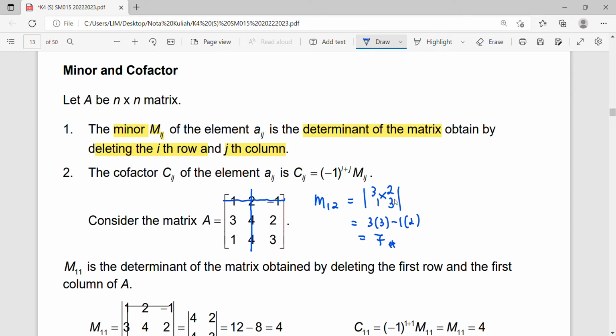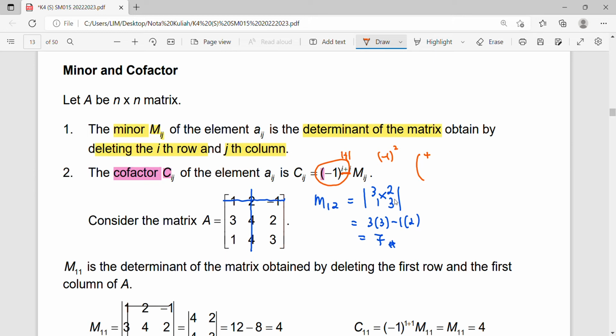Meanwhile, for cofactor, it will be positive or negative. I can define here either positive or negative for our minor, according to the position, i row and j column. So we simplify like that. First row, first column is positive, because first row is 1, first column is 1, so 1 plus 1, negative 1 to the power of 2, so it will be positive.